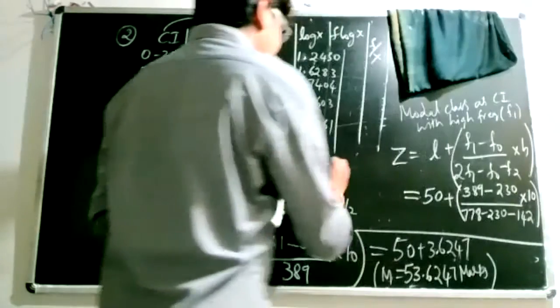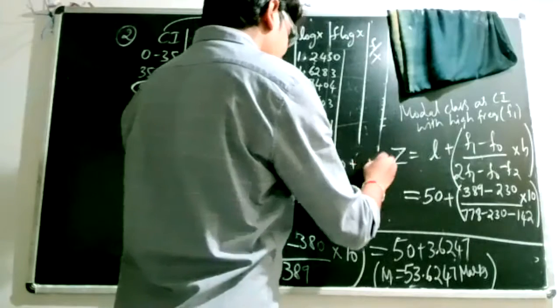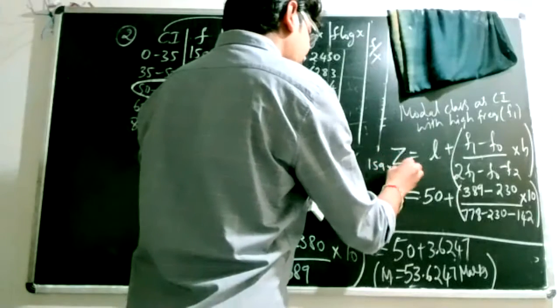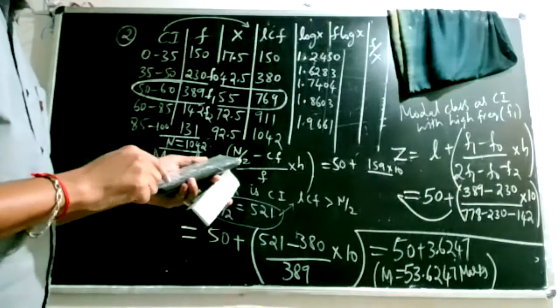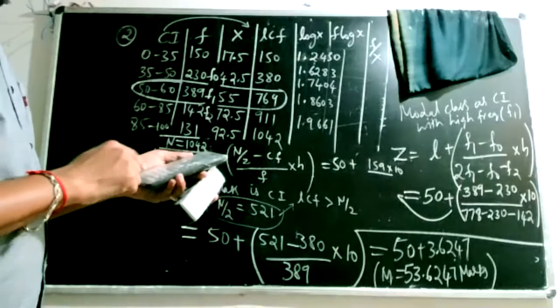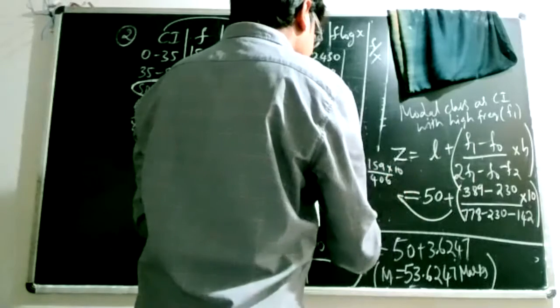So I'll just continue that here. 50 plus 159 into 10 divided by 778 minus 230 minus 142, which is 406.